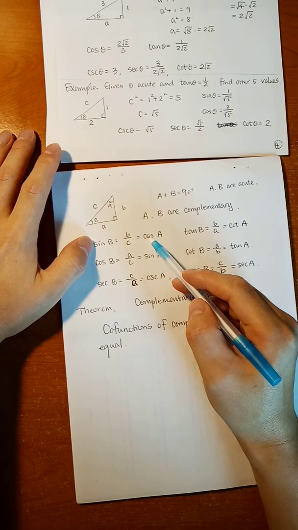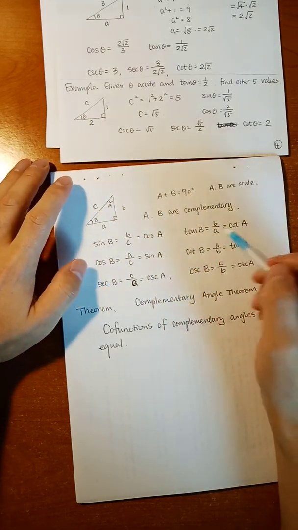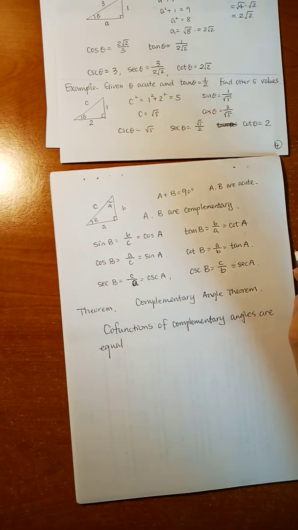Sine is cosine, secant is cosecant, tangent is cotangent when you change between the complementary functions.